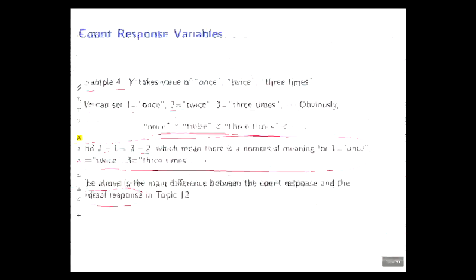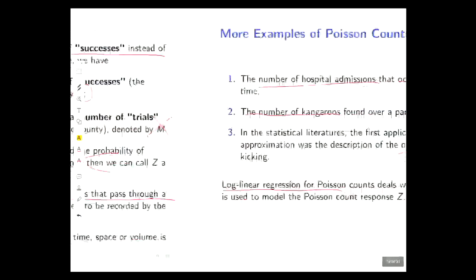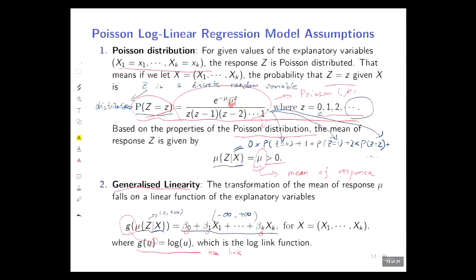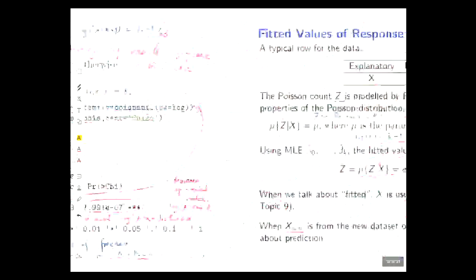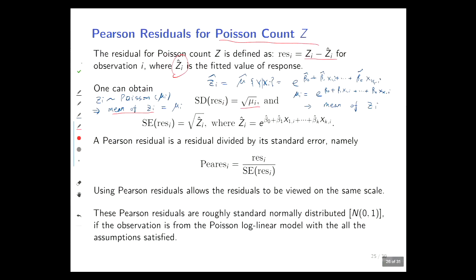It's from how to compute the mean of a discrete random variable. You can do it, and you will find that the mean is exactly mu, which is the parameter in the Poisson distribution. So the mean of zi equals mu. Another property of the Poisson distribution is that the variance of zi also equals mu.